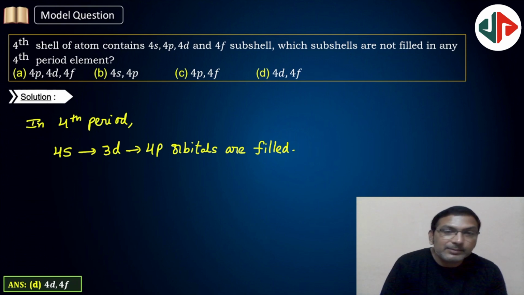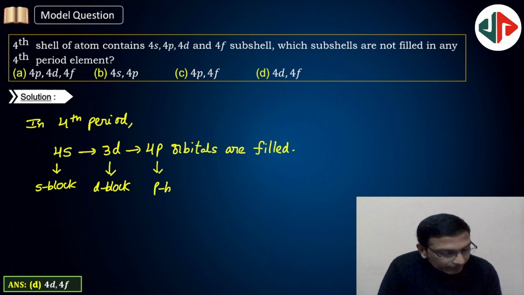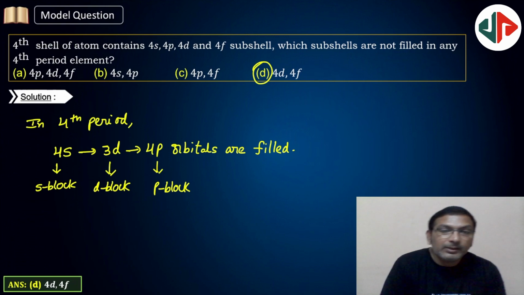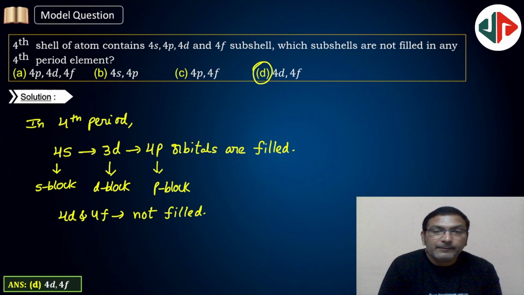So first 4s, s block, next 3d series, d block, next 4p, p block. So which are not filled? Not filled means 4d and 4f. 4d, 4f, option D. 4d and 4f not filled. Next one.